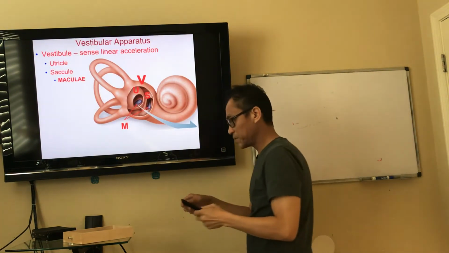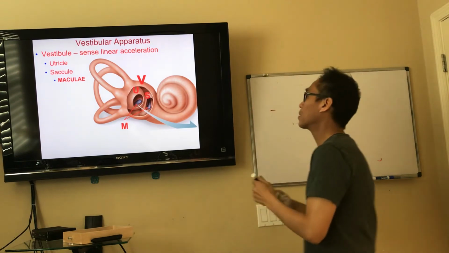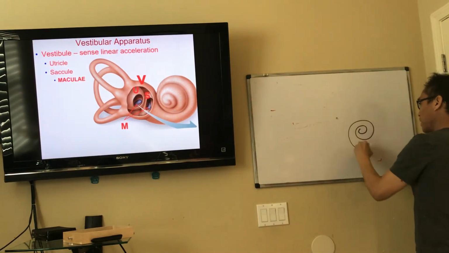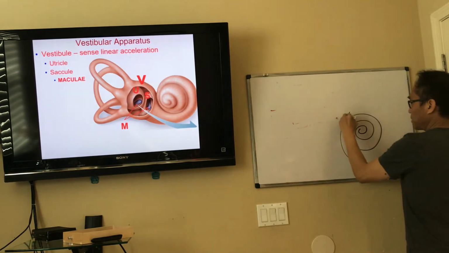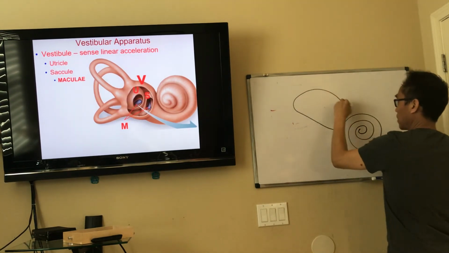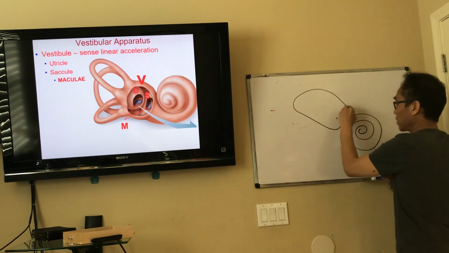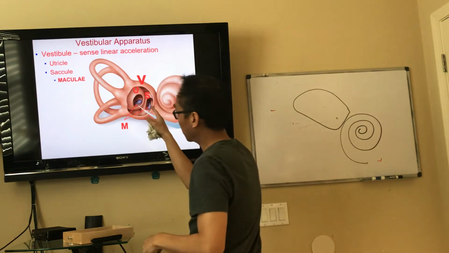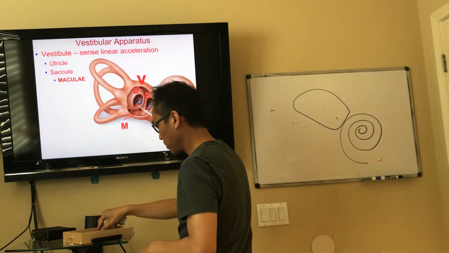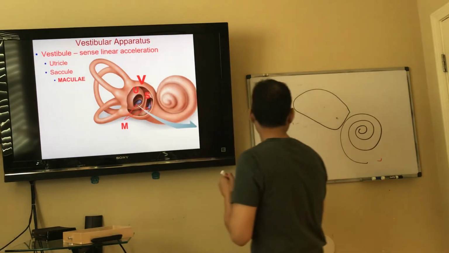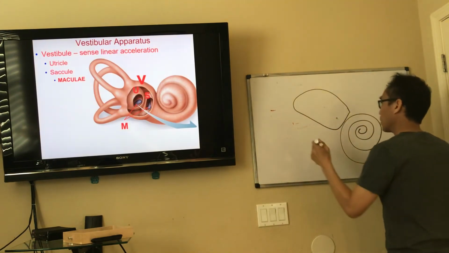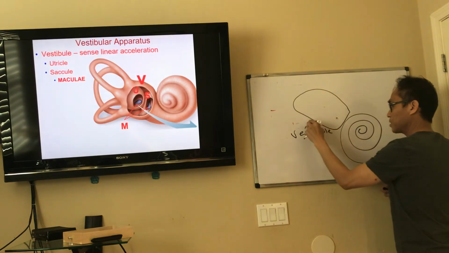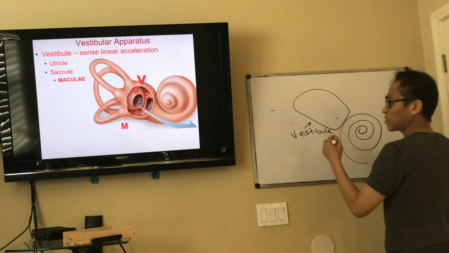And so in this vestibular part, again, here's the cochlea, all wound up like a snail shell. And the vestibular apparatus, now I drew them separately, but they are connected. So inside there, you have this kind of subcompartment inside the vestibule. The vestibule is a space, and inside there it kind of looks like this.